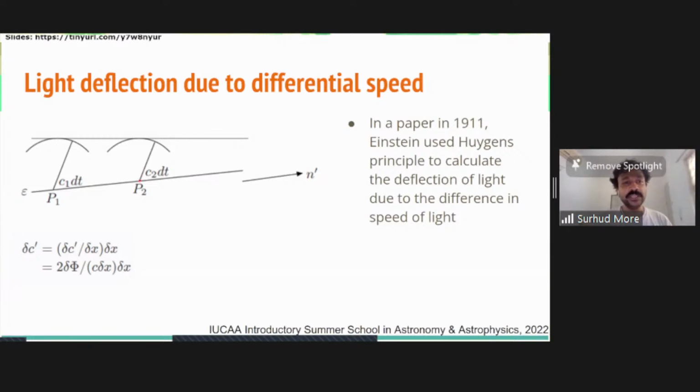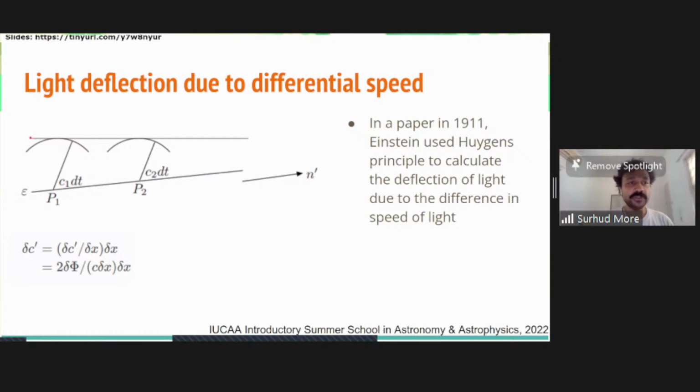And so the new wavelets that you will get in an equal amount of time will travel different distances. In this case, the wavelet from P2 will travel C2 times dt, while the wavelet from P1 will travel C1 times dt. Now, if you want to know where the new wavefront is after a time dt, what you have to do is generate an envelope of these different wavelets.